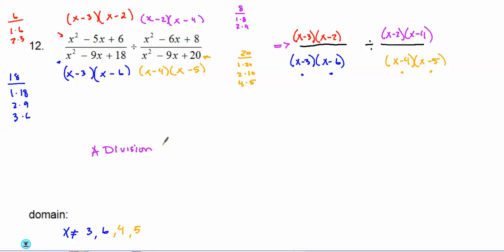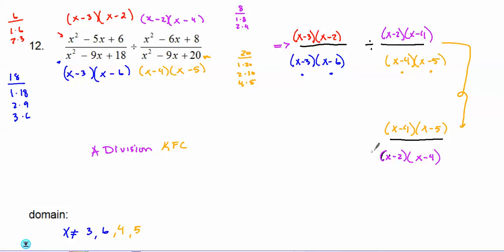But with division, remember, we have to keep, flip, change. This last one is going to flip itself over, allowing this purple set to become a brand new denominator. So when we are done, this purple x minus 2 and x minus 4 are going to find themselves in the denominator of this second fraction. Notice what I've done. I've simply turned this second fraction upside down, right?